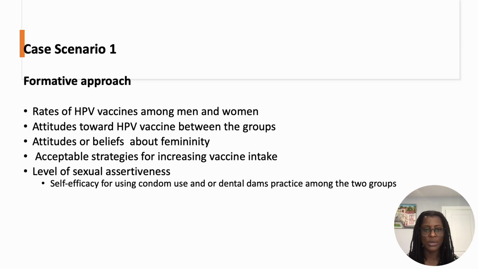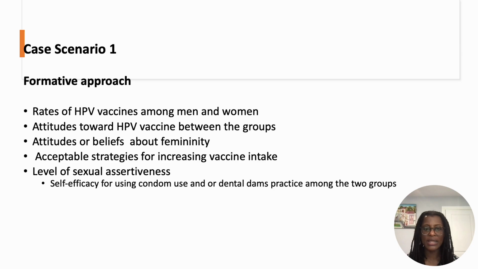Her work shows lack of sexual self-efficacy. Self-efficacy is basically our perceived ability to engage in certain behaviors when faced with certain barriers. So lack of self-efficacy to be assertive with partners was one of the barriers, for example, for condom use and other protective measures, and that's associated with HPV.